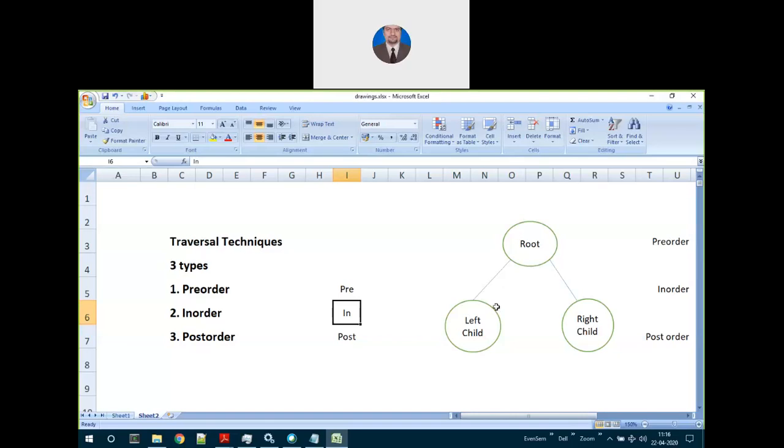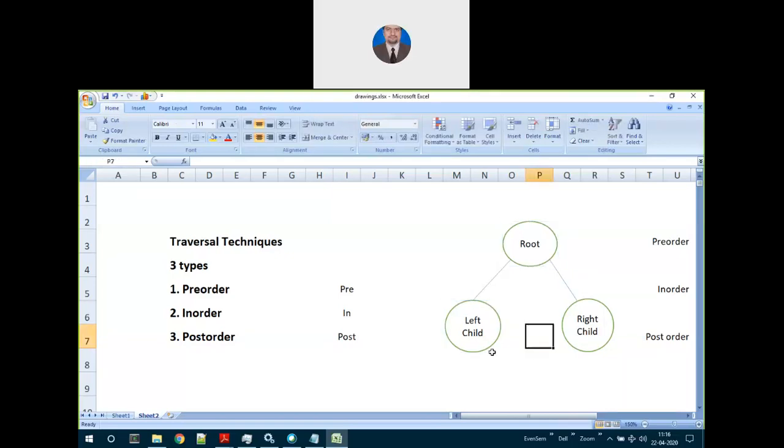Suppose when I encounter a tree, this is the parent, and the parent might have a maximum of one left and one right child. Here I have to see whether there is a left child present. Yes, there is a left child present, so first I should visit the left child. The concept says in, so in between left and right, I should visit the root.